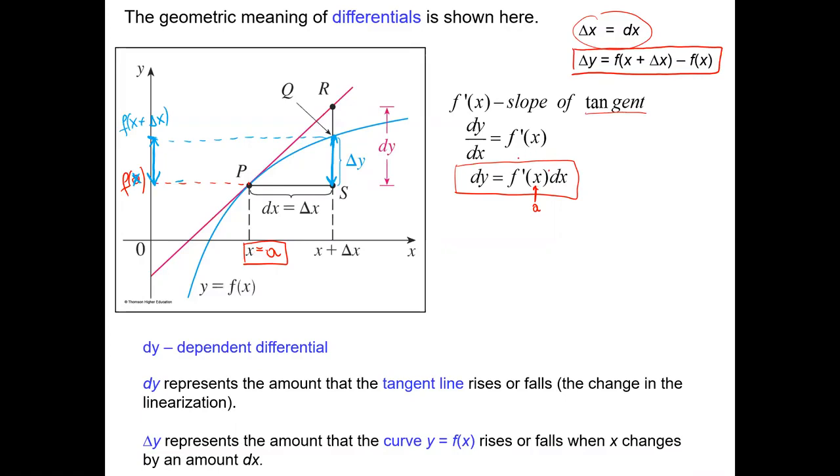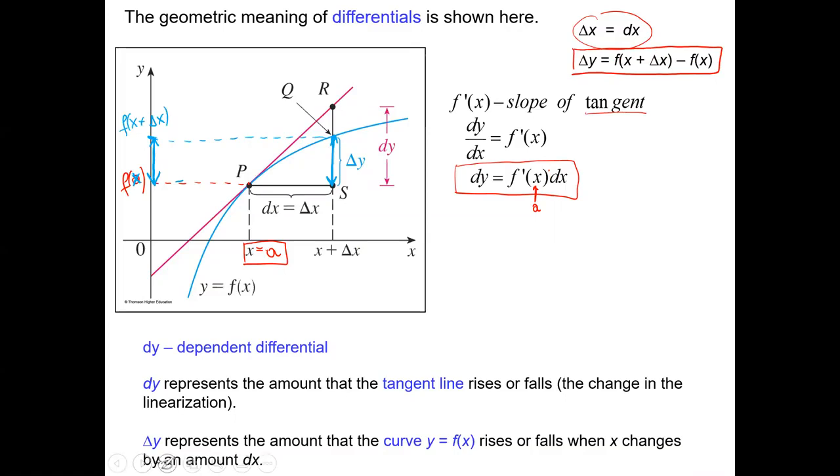Then we take this value and multiply by dx, which is like delta x. We will not evaluate the entire expression at a number like x plus delta x. That means dy is much easier to compute than delta y, because delta y involves the actual function at this point.